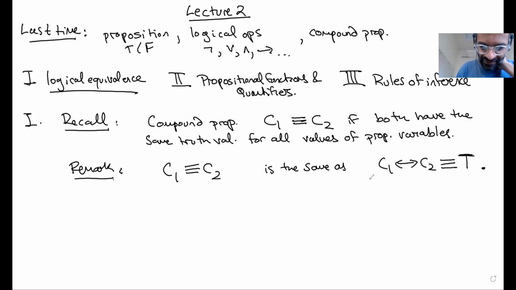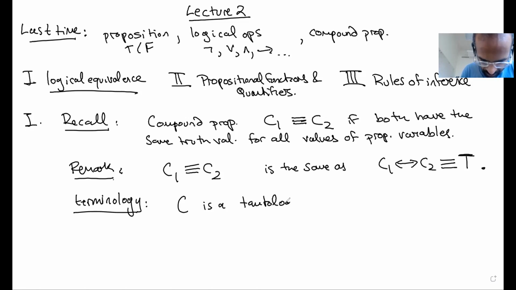And this type of situation has a special name, and we're going to see it a lot in the course. This is called a tautology. Let me just introduce a small piece of terminology. A compound proposition C is a tautology if it's always true. So it's logically equivalent to true.